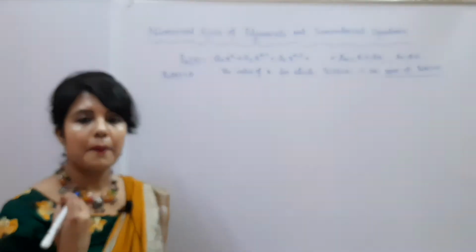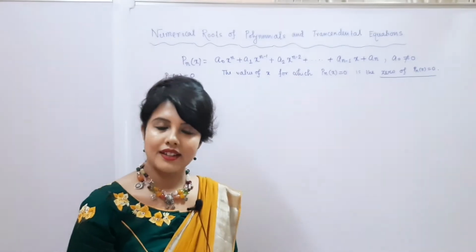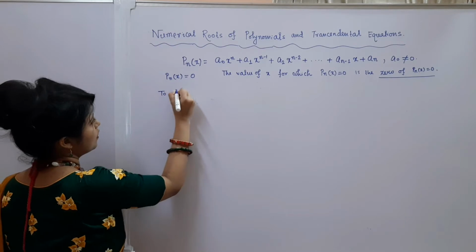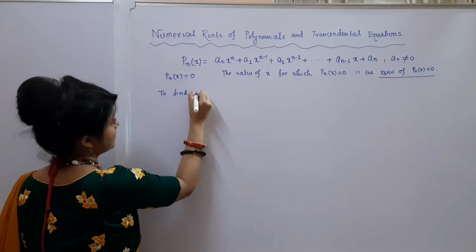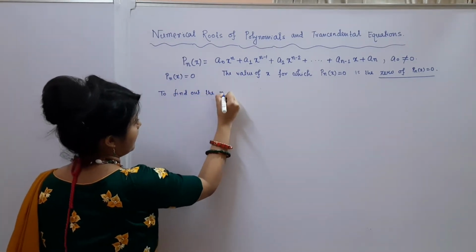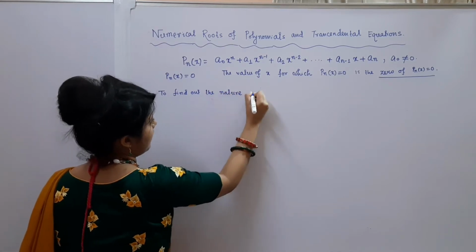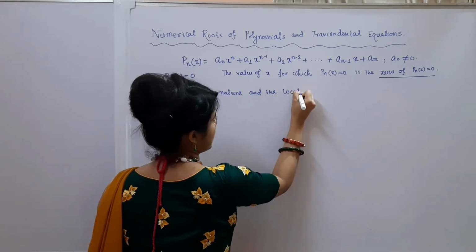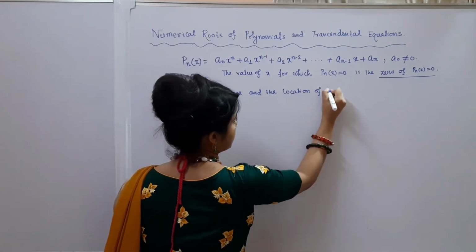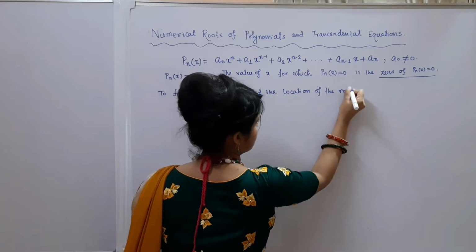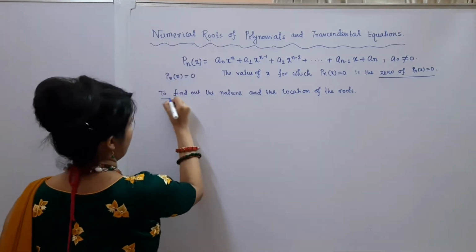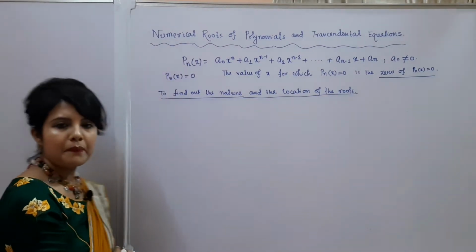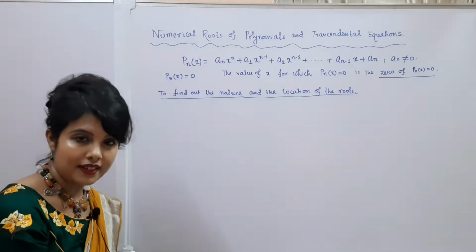Now there are many processes to find out the nature and the location of the roots, okay. There are many rules to find out the nature and the location of the roots.